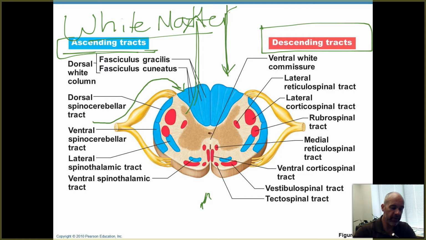So within your ascending tracts, guess what? You have axons that are traveling upward through the spinal cord toward the brainstem and the brain. And in your descending tracts, you have axons that are carrying impulses from the brain down to the spinal cord. So they're just kind of showing you there in general where you find these ascending and descending tracts.